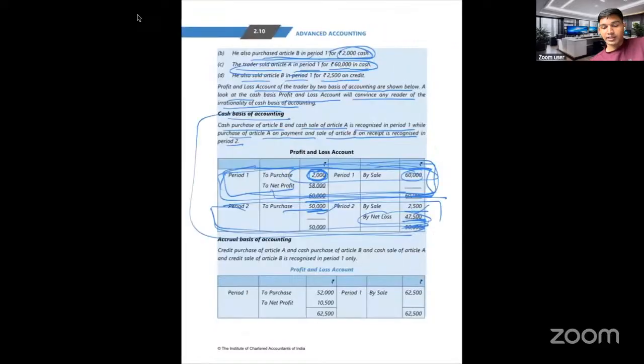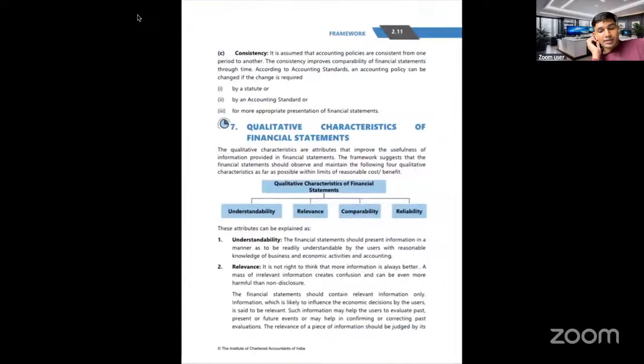So in cash basis of accounting, period one has no profit and loss. In period two, when we receive those payments, there would be a loss of 47,500. But on accrual basis, for period one, we get the net profit of 10,500. We consider all these transactions on credit basis when we discuss the accrual basis of accounting.